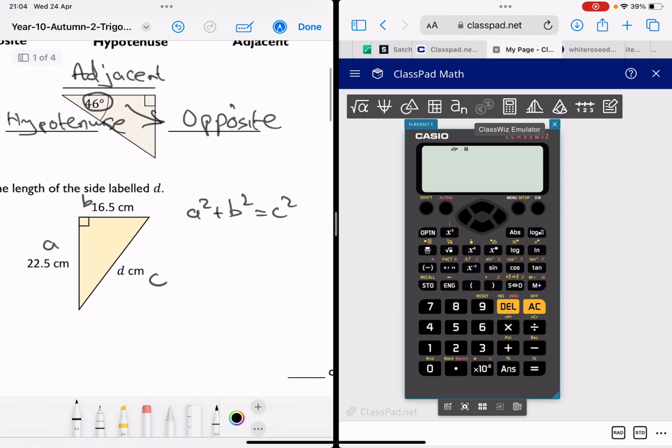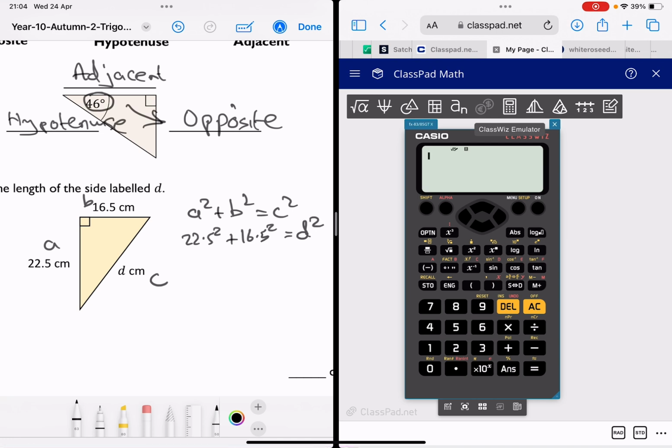Then I substitute in, so I've got 22.5 squared plus 16.5 squared equals D squared. Now what I'm going to do is use my calculator.